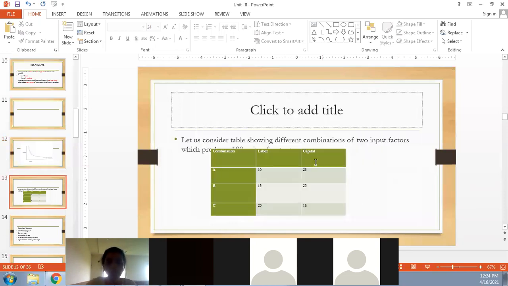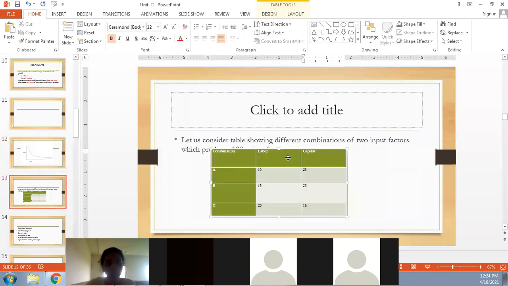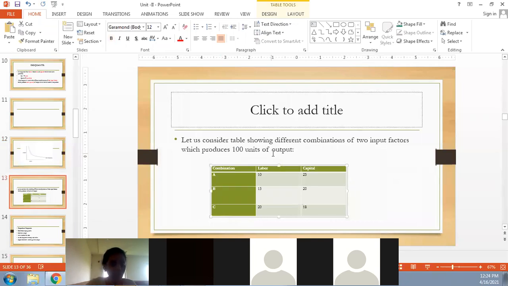This is one of the examples that we have taken. The same quantity, 100 units, can be produced with different combinations of inputs: 10, 25, 15, 20, 20, 18. By using these, the person is still able to produce the same quantity of output. Such a curve we will call an isoquant. Guys, important: isoquants, isocost.